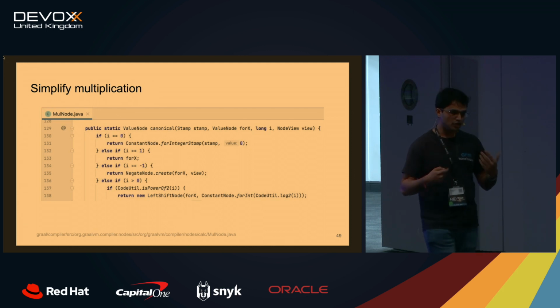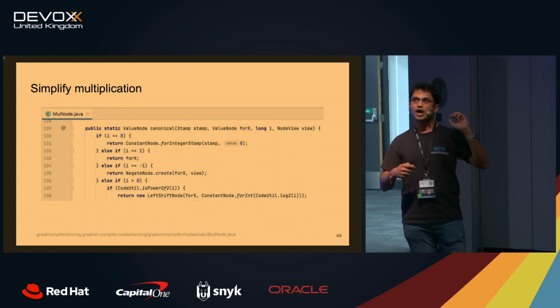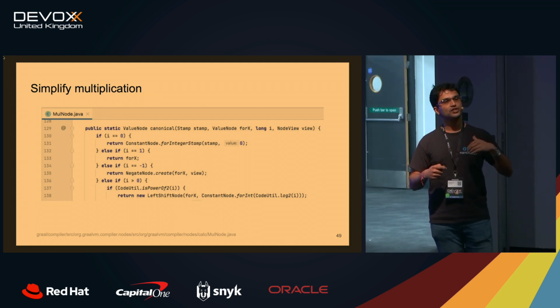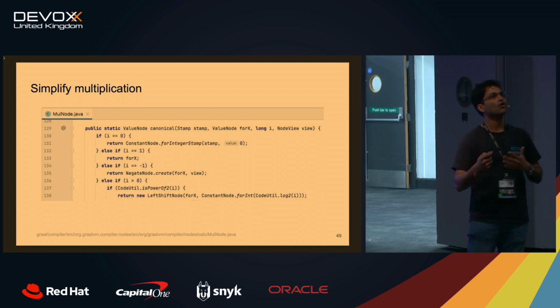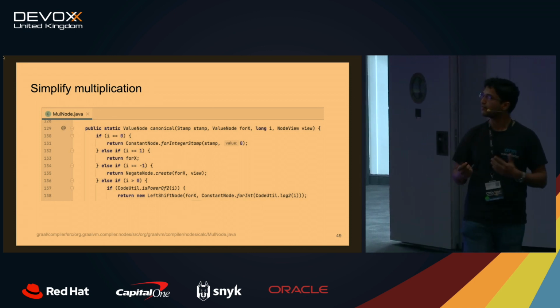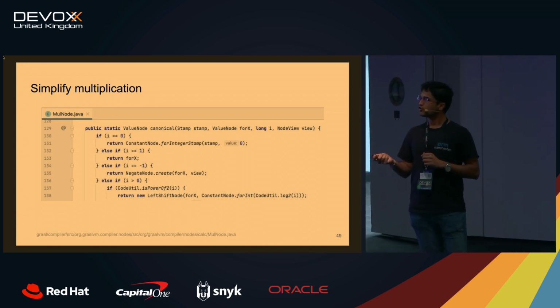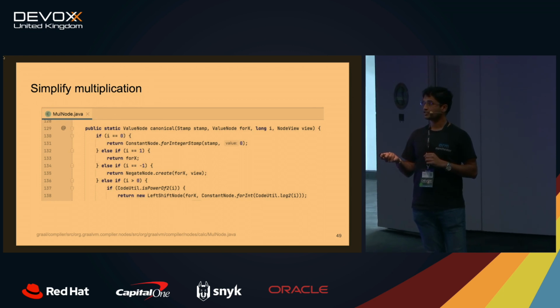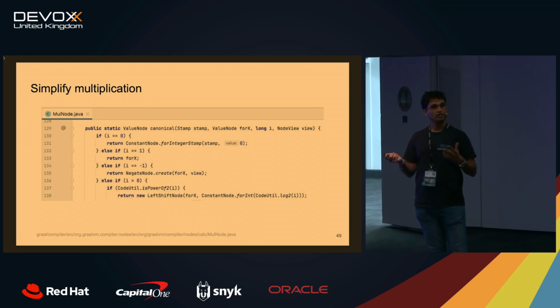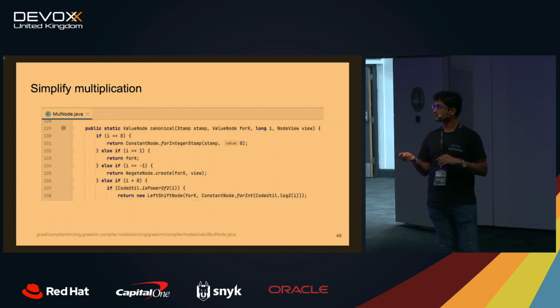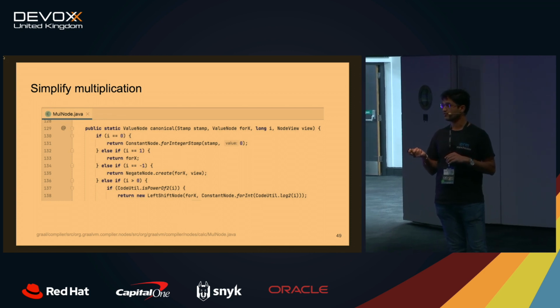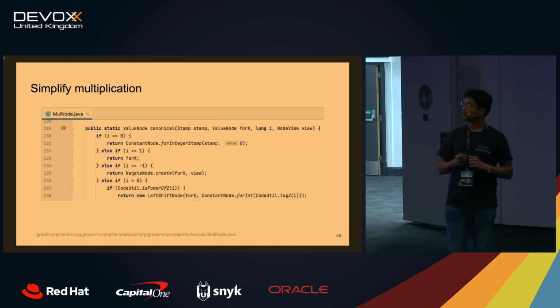So you can understand how a particular optimization will impact or influence the quality of the output and what happens exactly. So going further, multiply by -1 is the negate node. We don't need to do the actual multiplication. And this is of our interest. So we were multiplying by a value which is greater than 0, and it is a power of 2.